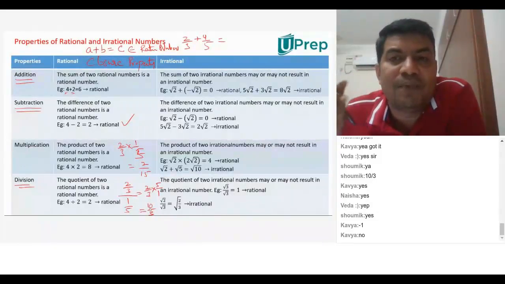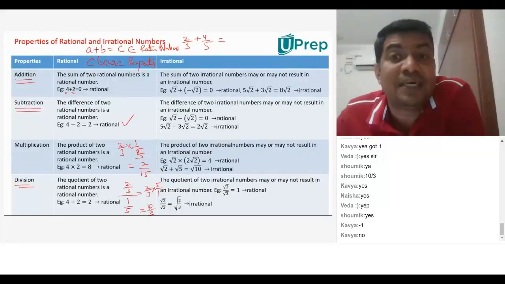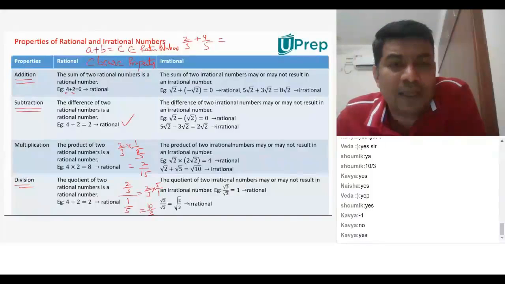For example, you have natural numbers 2 and 3. 2 plus 3 is 5. Is it a natural number? Yes. So addition of natural numbers satisfies closure property, whereas subtraction doesn't. Do you understand the logic? Do you understand what a closure property is?